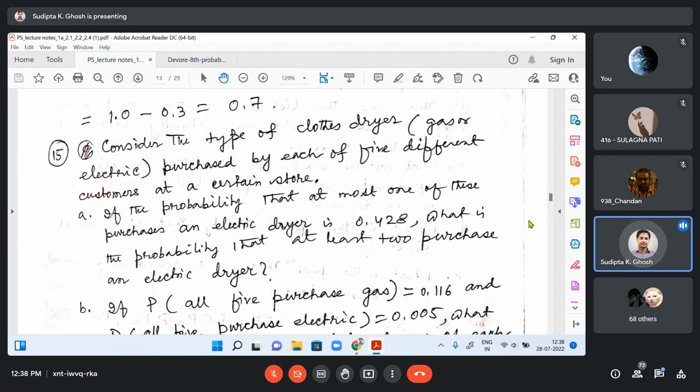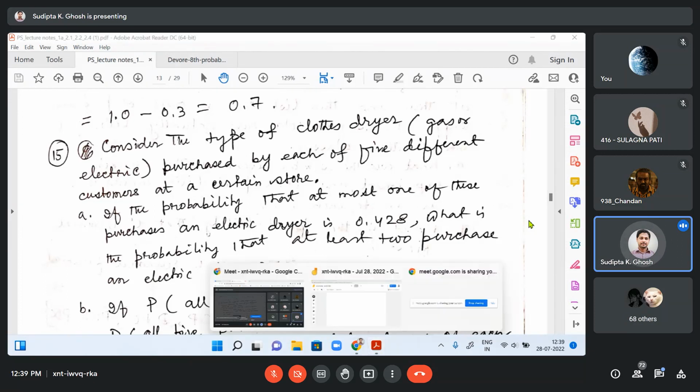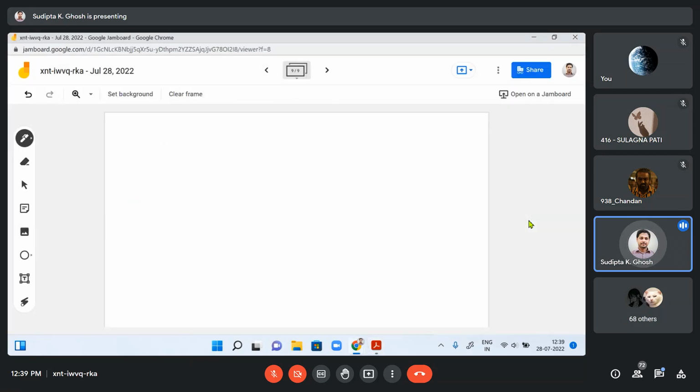If the probability that at most one of these purchases an electric dryer, so you tell me, whenever I am telling that out of the 5 customers, at the most one customer buys a dryer, what is the meaning?